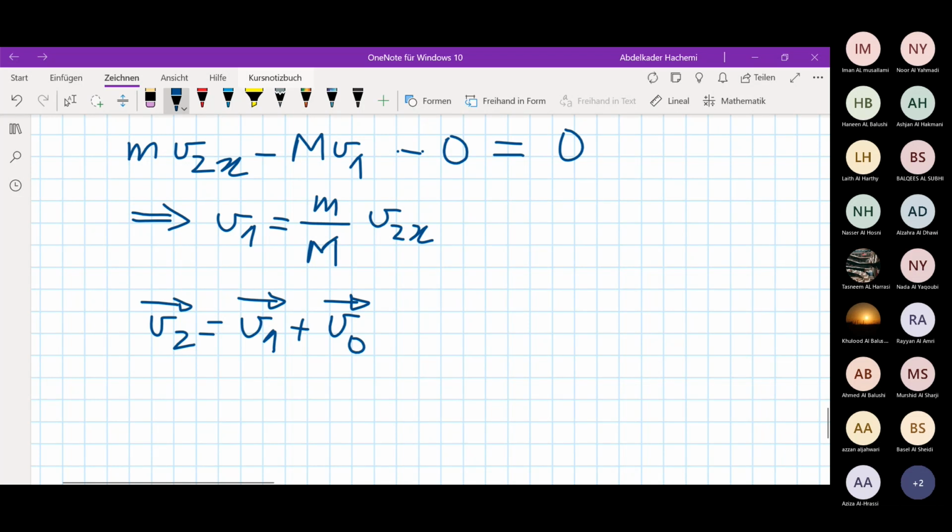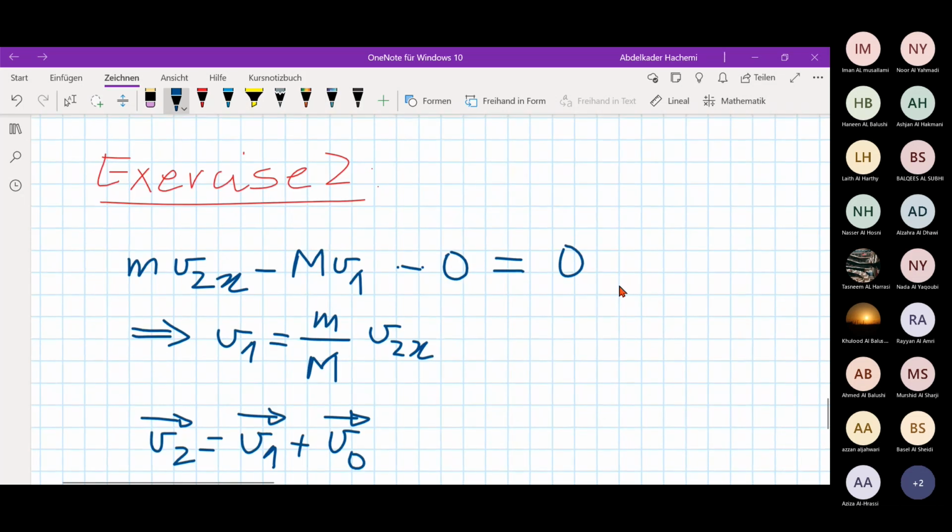This is equivalent to saying that the absolute velocity is always decomposed into two terms, the frame one and the relative one. In our case here, the frame one is the V1 and the relative one is the V0.